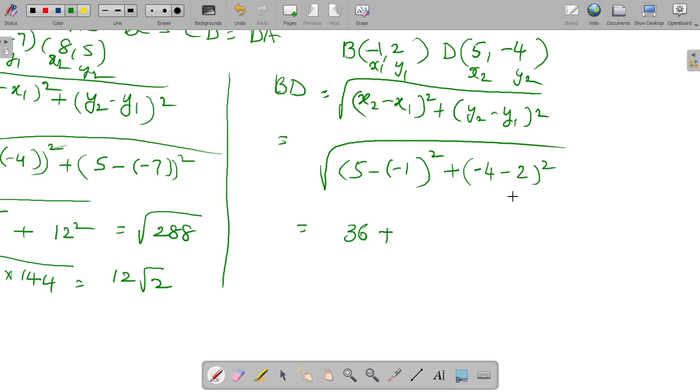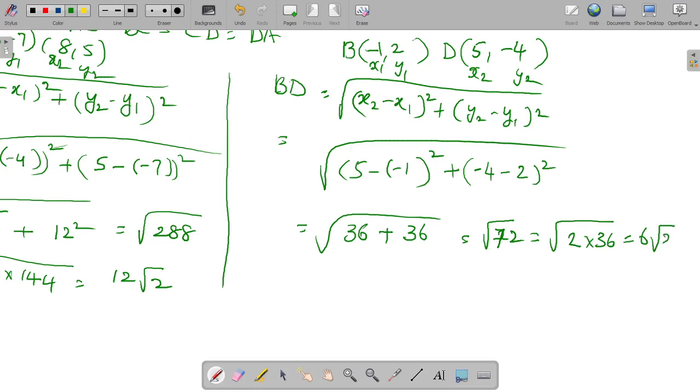Minus 4 minus 2 is minus 6, minus 6 whole square is 36. Square root of 72 can be written as 2 into 36, which is 6 root 2 units.